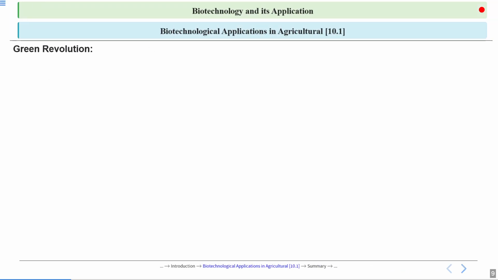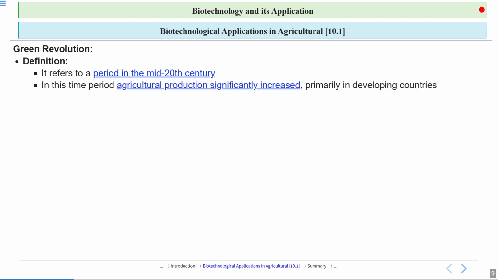Let's go ahead. What is the green revolution? The green revolution actually happened in the mid 20th century, from the 1960s to the 70s. In this time period, agricultural production significantly increased, primarily in developing countries, which are countries that are still developing.